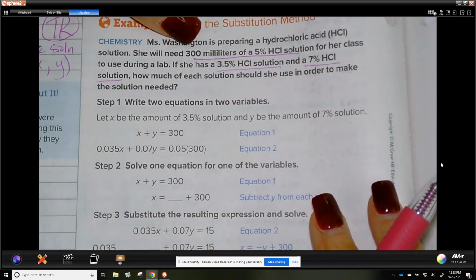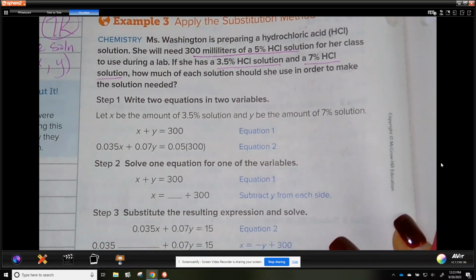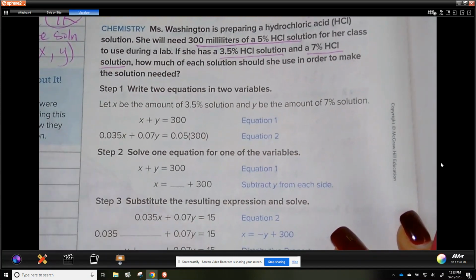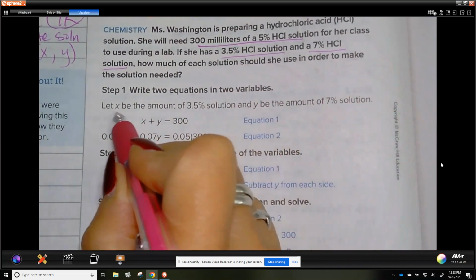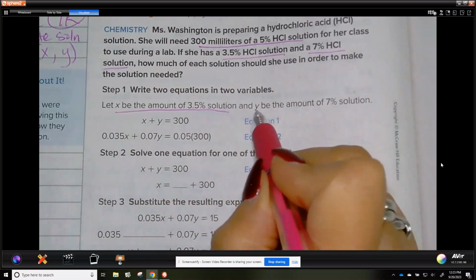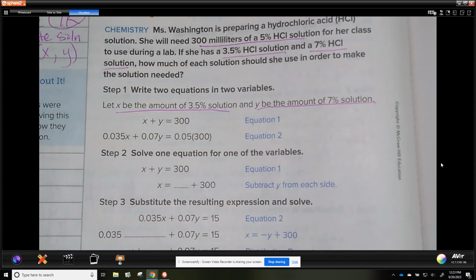So she needs 300 milliliters. So this is a word problem to a system. We're going to be practicing these in class, but usually, well, first you need to say x is going to be the 3.5 solution, y is going to be the 7% solution. It could be whatever letters you want to use. You need two different variables, and so those are what we picked.